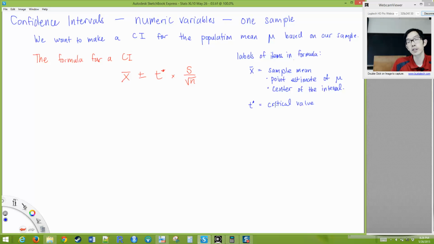Where do we get t star? T star comes from the t-table. S over the square root of n, this is known as our standard error.